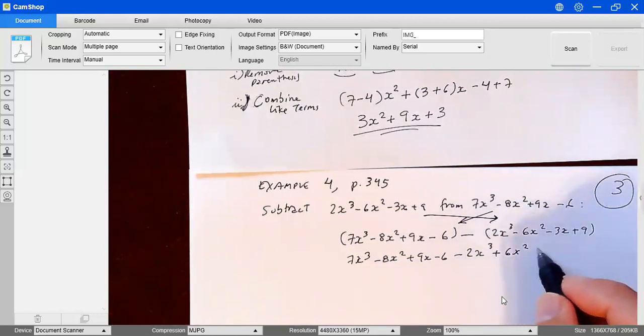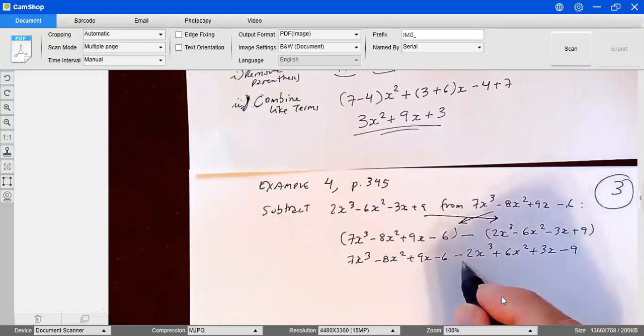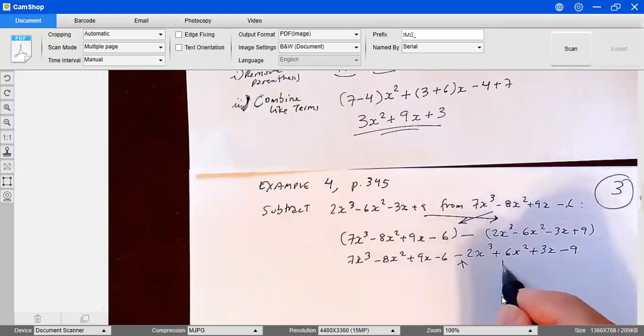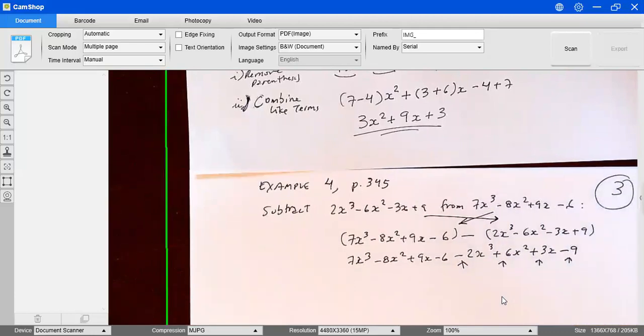This negative 3 is going to become positive 3x. And this positive 9 is going to become negative 9. So be careful about the signs of the coefficients of the terms inside of the parentheses, the terms of the second polynomial.